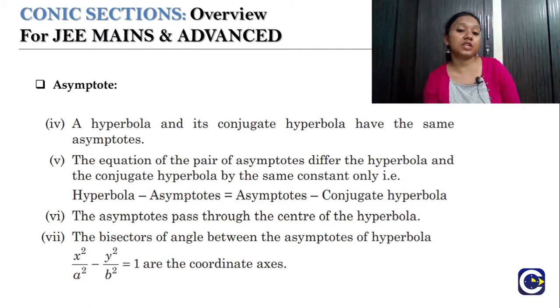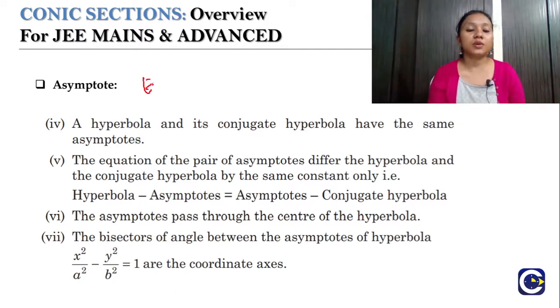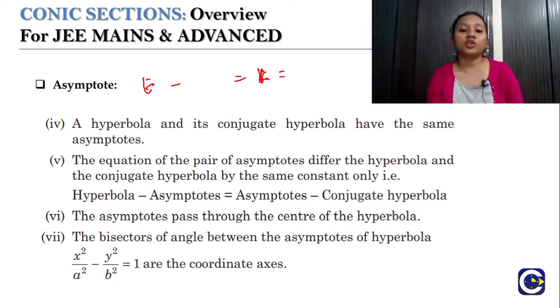Like if there are two equations, you can directly do the product of those two here. It's a combined equation of asymptotes. So equation of hyperbola minus combined equation of asymptotes will be always a constant k. So that will also be equal to the combined equation of asymptotes minus conjugate hyperbola. So these will be always constant here.